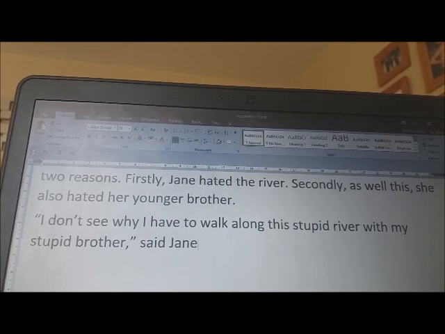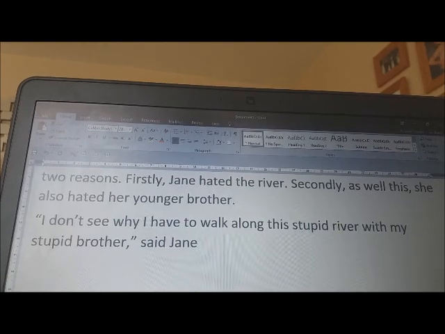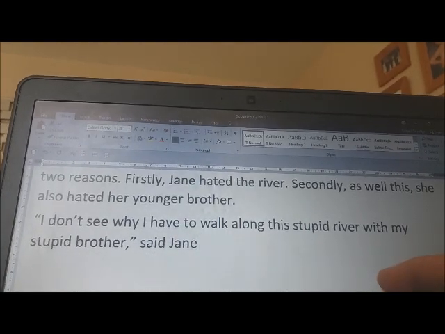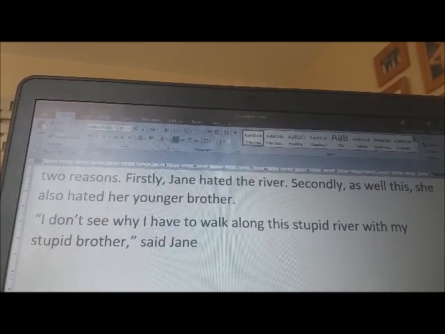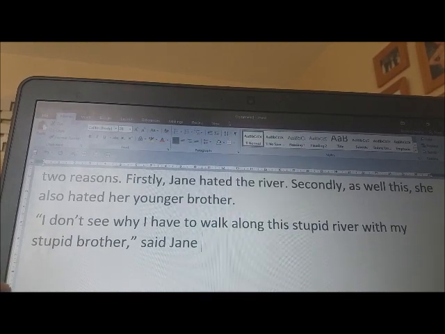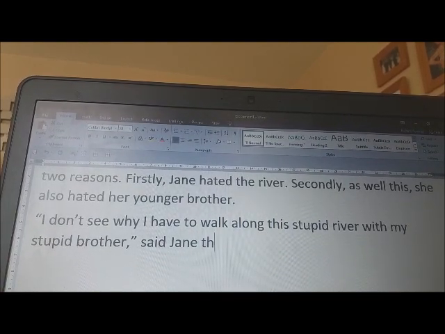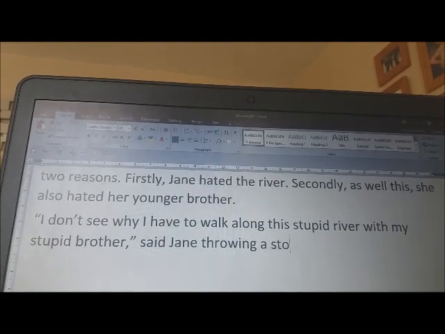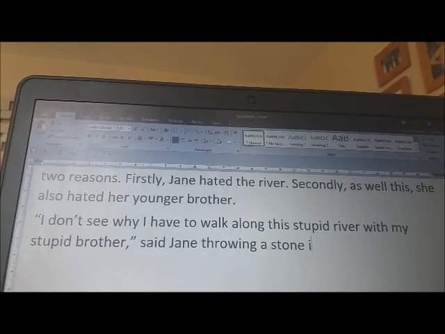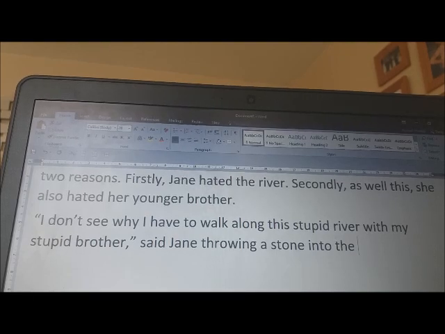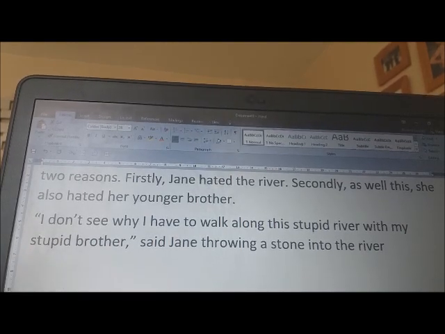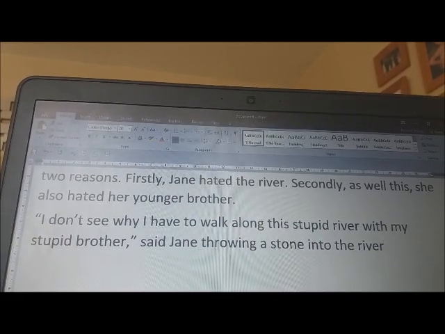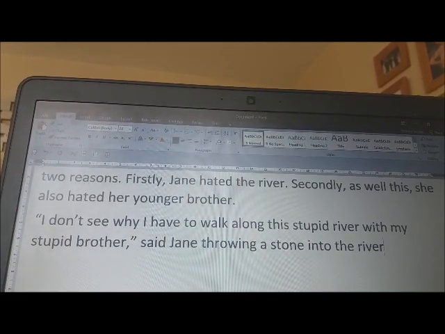It's not a terrible word to use, but let's make her really show her annoyance. So said Jane, throwing a stone into the river, R-I-E. And that kind of just shows that she's annoyed, and it shows her aggression.